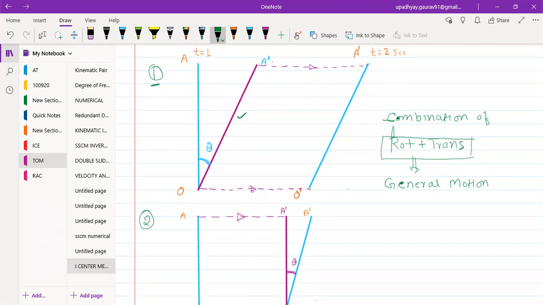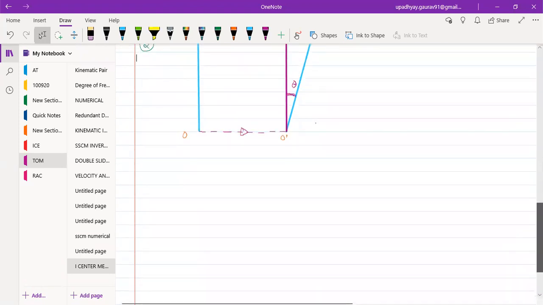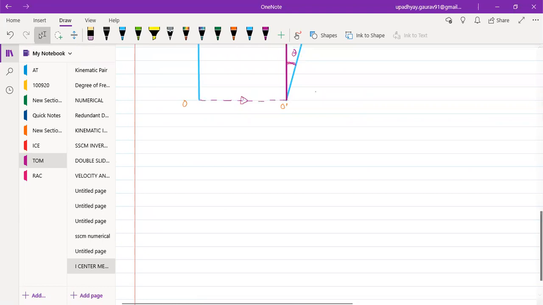But we do not have any idea which kind of velocity the link had earlier. We have only the end point situation of the link. So we are not able to apply the formula for any of the given cases. Yes or not? So what kind of motion does it have?